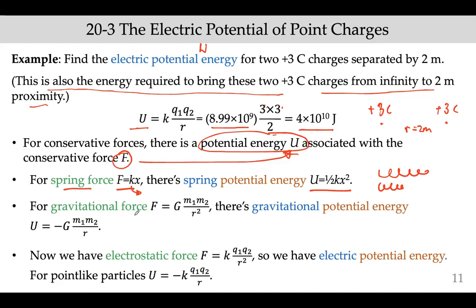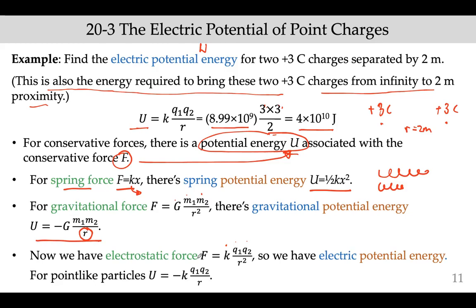Now for gravitational force, the force between two massive objects separated by r, where G is Newton's gravitational constant, this is the force, and you have the gravitational potential energy. It just looks like the force, except instead of r squared in the denominator, the potential energy has just r. Now, we have the electrostatic force: Coulomb's constant, the charges, divided by r squared, the separation between them, gives you the force.